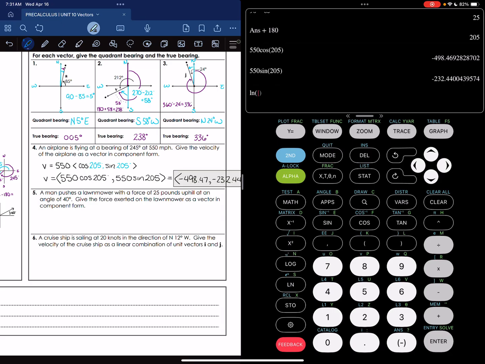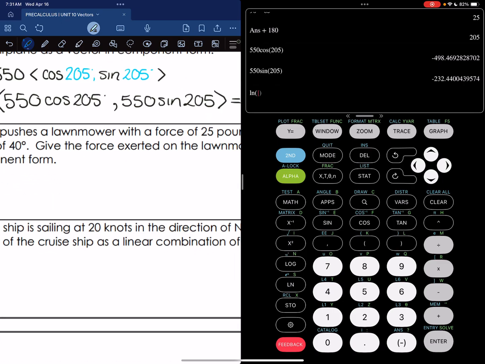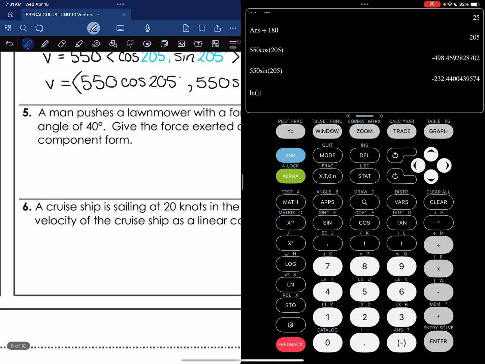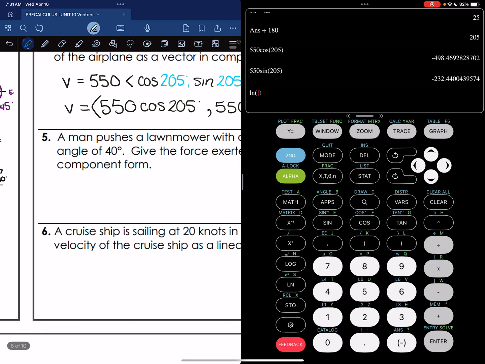So what we're going to do is give the force exerted on the mower as a vector in component form. Okay, so how do we write that? Remember that to write a vector, it's just going to be its magnitude times our unit vector. So what are those values in this specific instance?